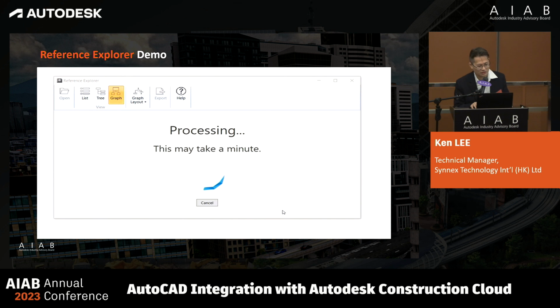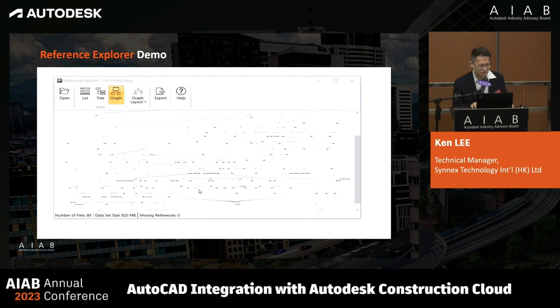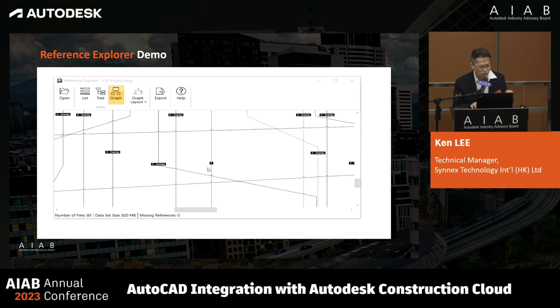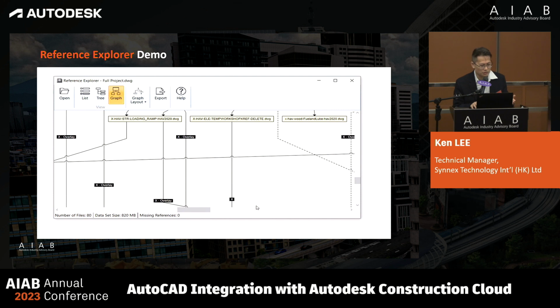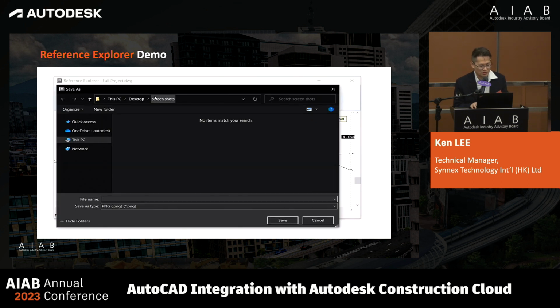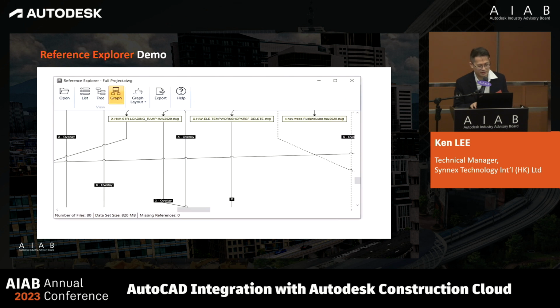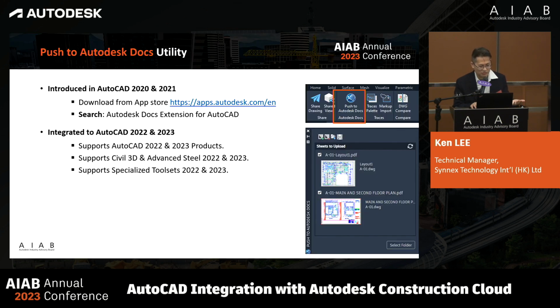This is the Reference Explorer interface. When you drag and drop a folder or a drawing, you can see the whole tree of relationships. And you can directly edit or reload the references inside this Reference Explorer and call the AutoCAD application. And more powerful is the new function to put to Autodesk Docs.